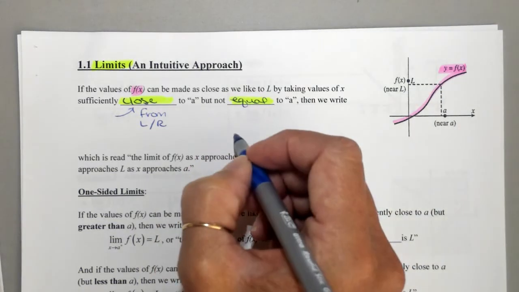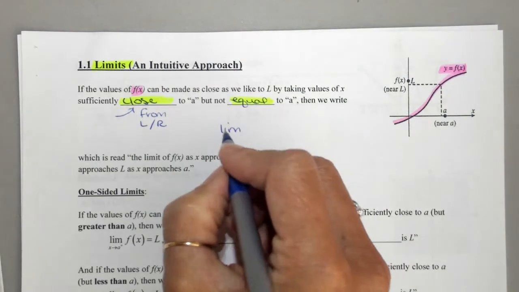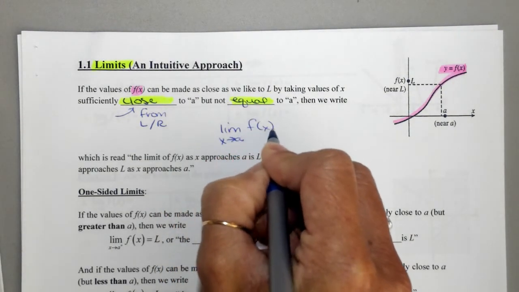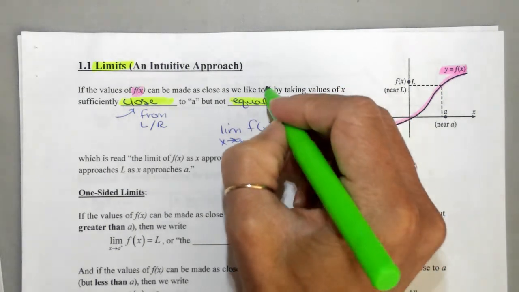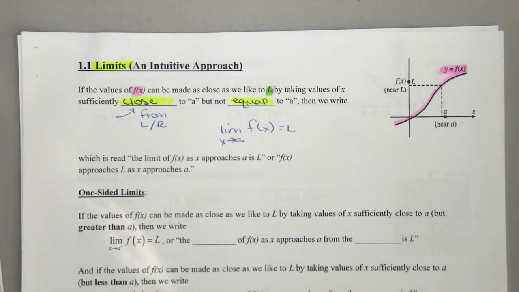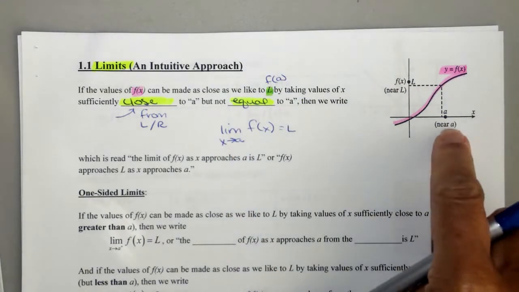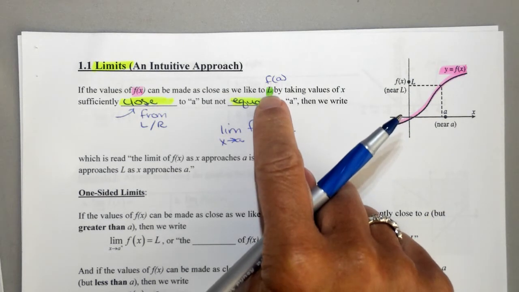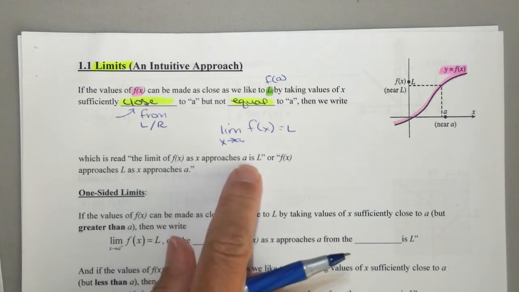So what this looks like is the limit as x approaches a of our function is equal to L. One thing we need to understand is that this L value is essentially a y value. Meaning whatever our function is, we plug in that a and get a corresponding y value. So again, the limit of f of x as x approaches a is equal to L.